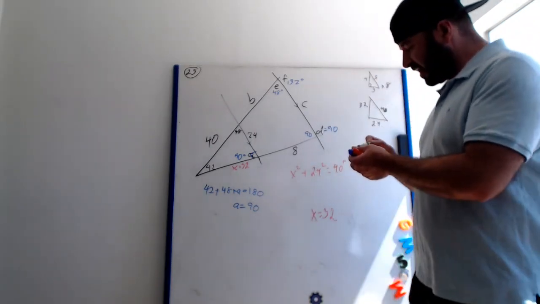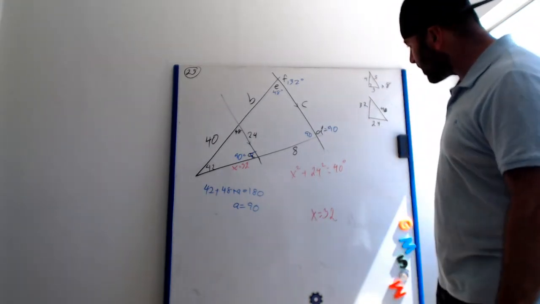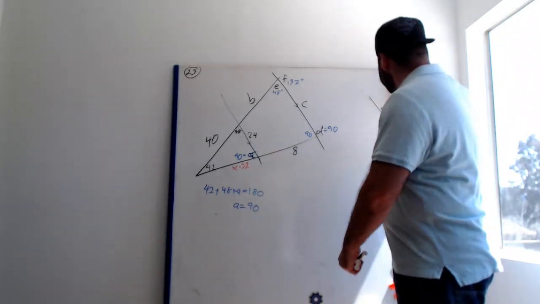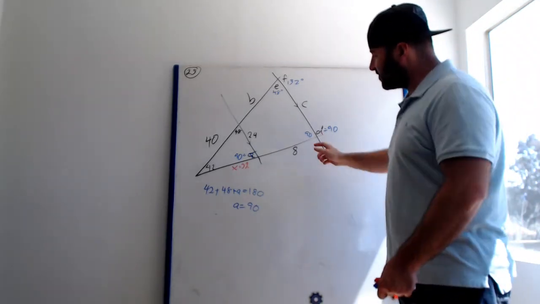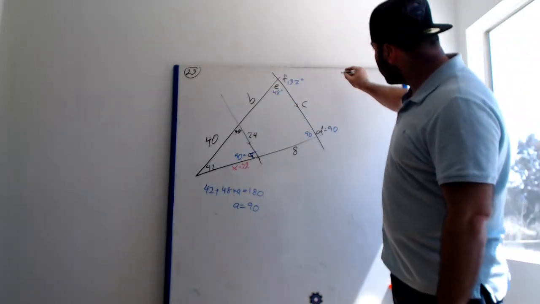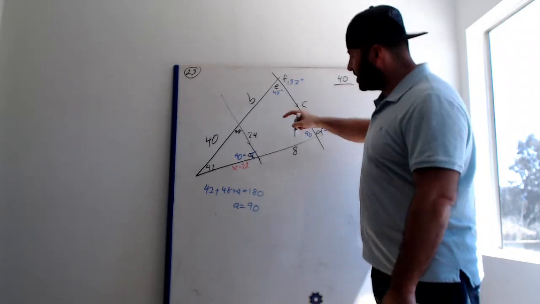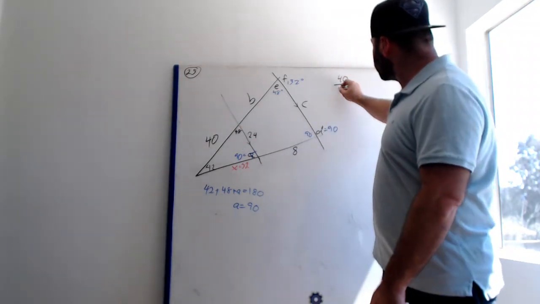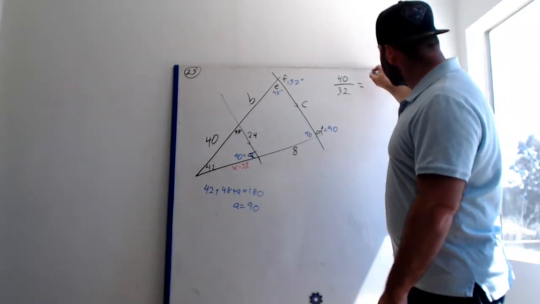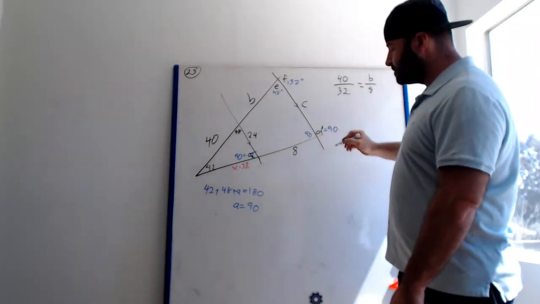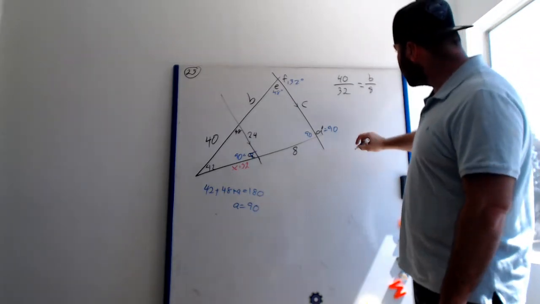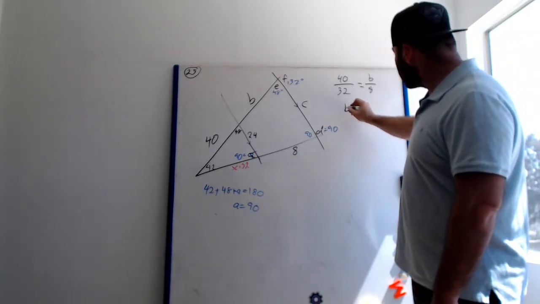Okay, so now that we know this, we can set up some of our proportions. And let's work on some proportions in order to help us find B. So we could do 40 is to 32 as B is to 8. Okay, cross multiply. So I think I said it before.